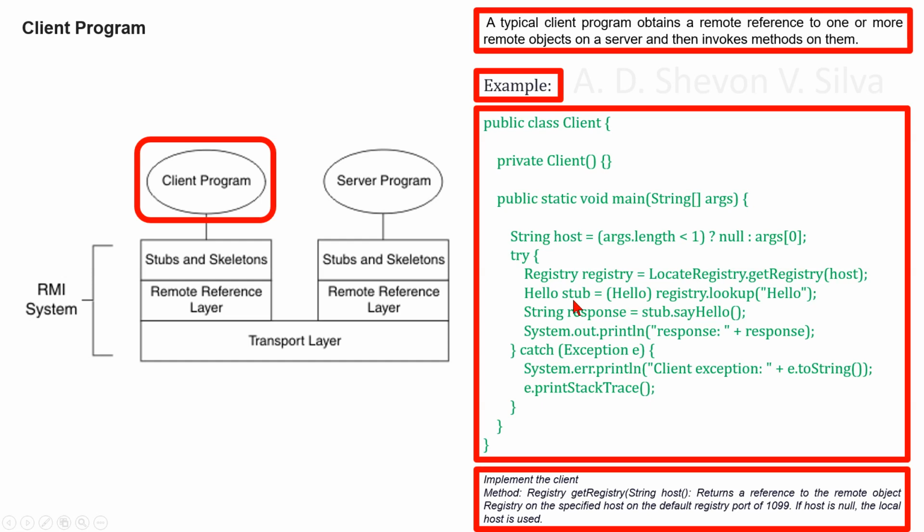Finally, the client invokes the sayHello method on the remote object stub, which causes the following actions to happen.